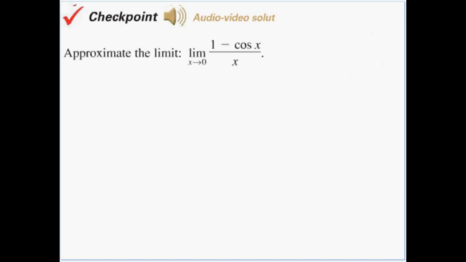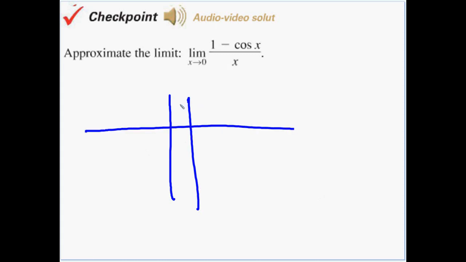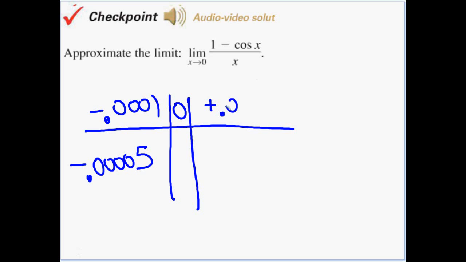So let's do a little table of values. Once again, our approach is to 0, so we can conveniently use negative 0.0001. Our output there would be negative 0.4 zeros and a 5. And let's try the other side of 0, positive 0.0001.